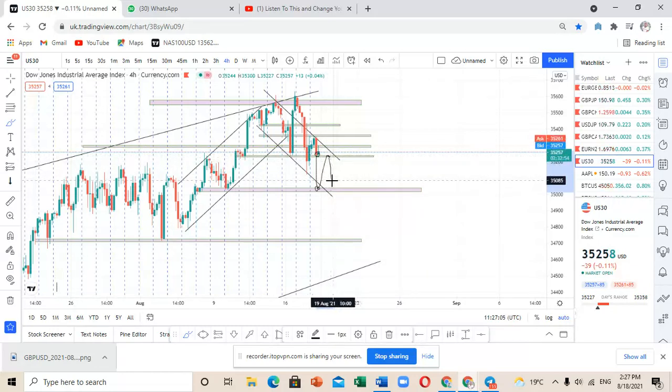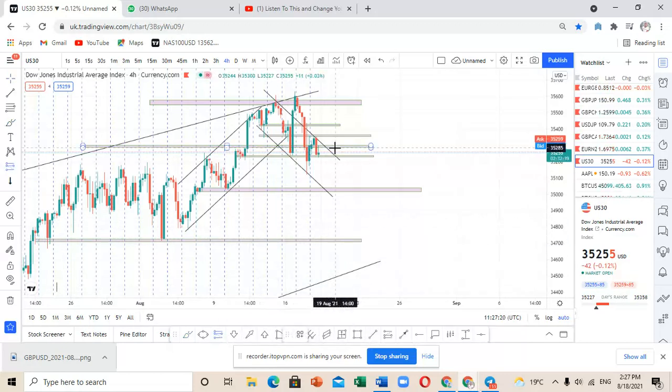Then you are going to have a clear move, in which I'm expecting that this time round you are going to have a breakout to the downside, that is to this point. That is why you have seen that I've placed in that short position.